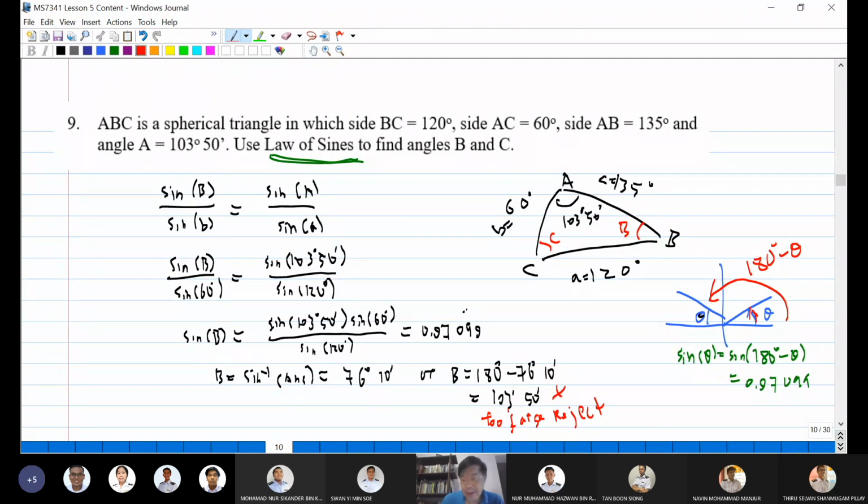Because angle B is a smaller angle compared to angle A, and its side is smaller than side A which is 120, so angle B cannot be that large, it must be a much smaller angle. So B is this one. So this is how you find angle B. So angle B is finished already.